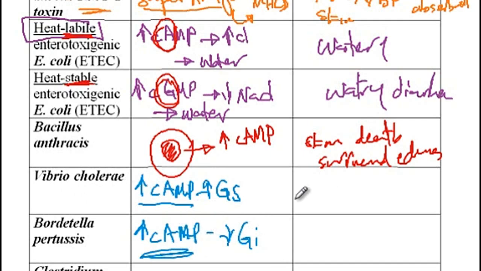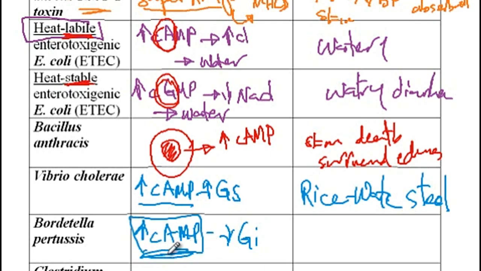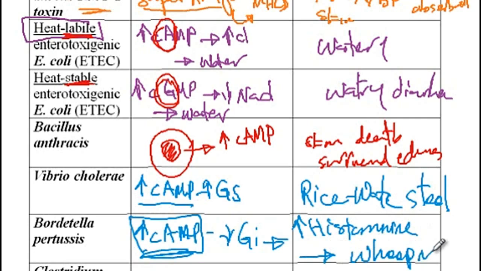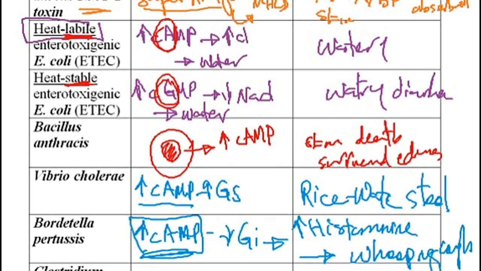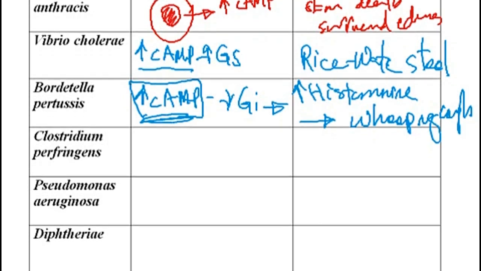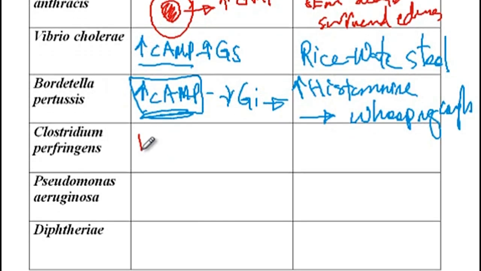So Vibrio cholera, due to the increased secretion of chloride, presents with a rice water stool, while patients with Bordetella pertussis, due to the increased activation of the adenylate cyclase and increased concentration of cyclic AMP, will have increased histamine sensitivity, as a consequence of which they present with a whooping cough.